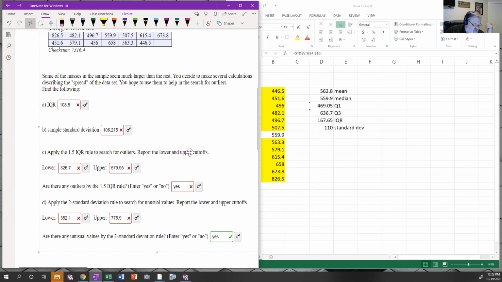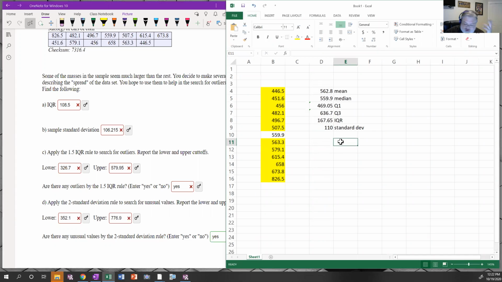So for our 1.5 IQR rule, since we're going to do it on Excel, it might be nice just to know what that 1.5 times IQR is. So let's have this cell equal 1.5 times IQR. Labeling is really handy, by the way. Oh, that put equals.